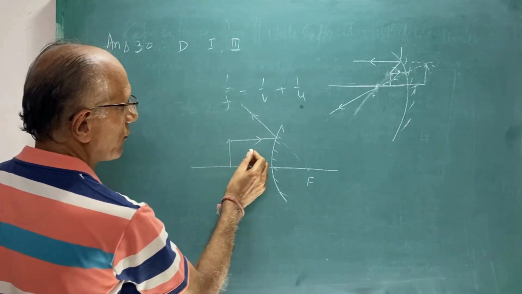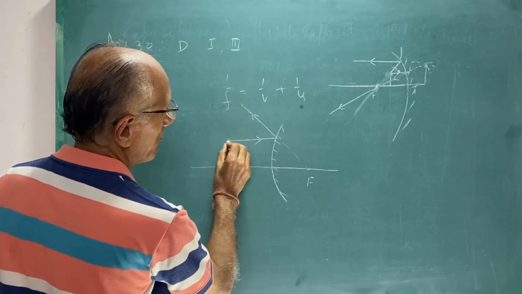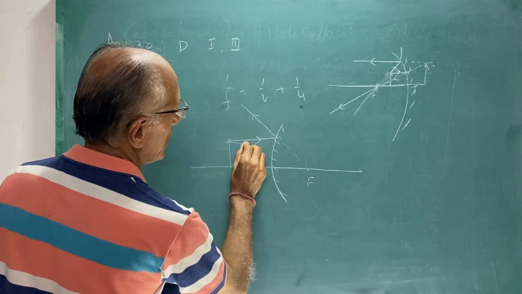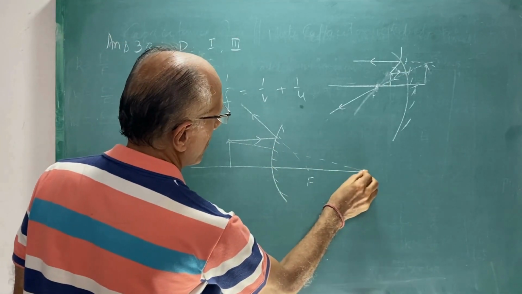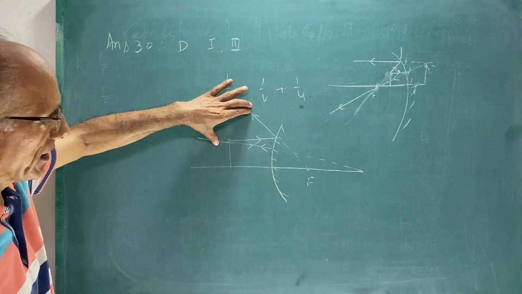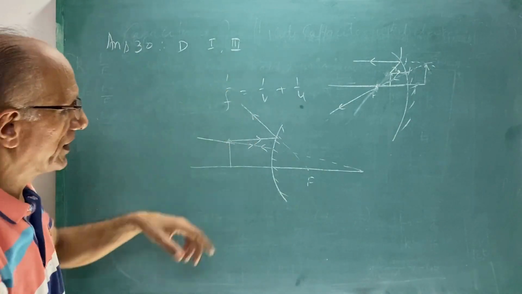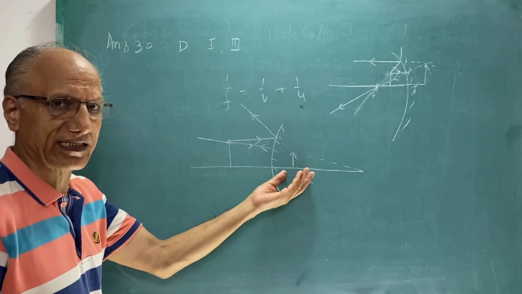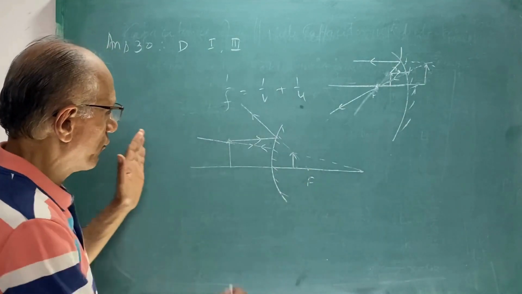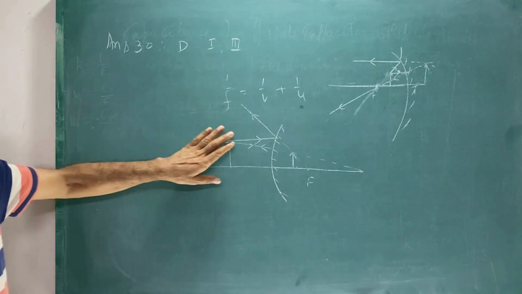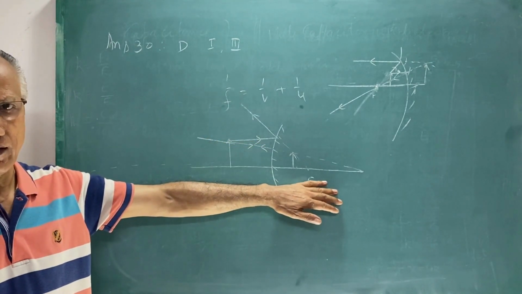And if you try to find out the ray passing through the focus or from the center of curvature, it will reflect back in the same direction. So they won't meet. They meet somewhere here behind the mirror, and that is the virtual image. So whatever is the position of the object, it will always have the same kind of image.